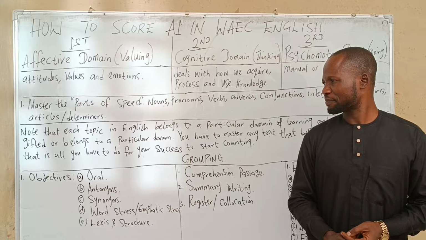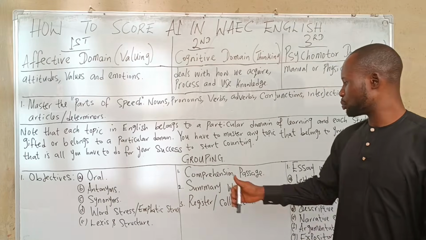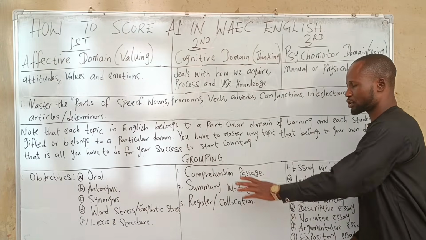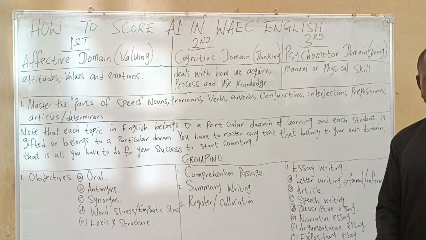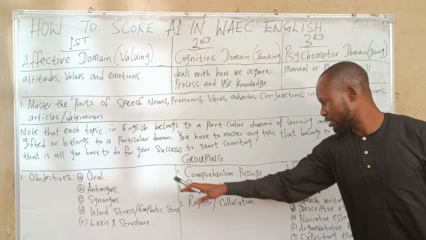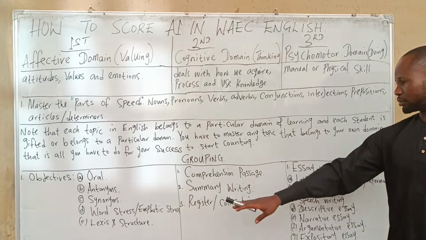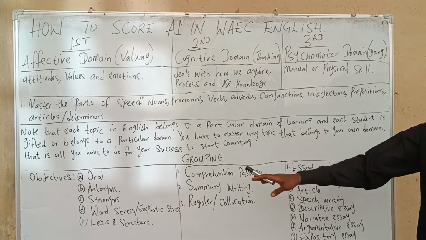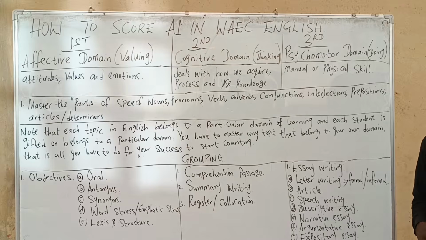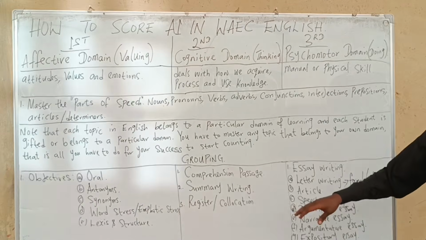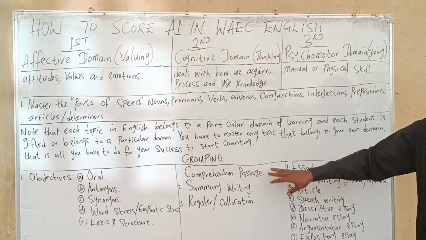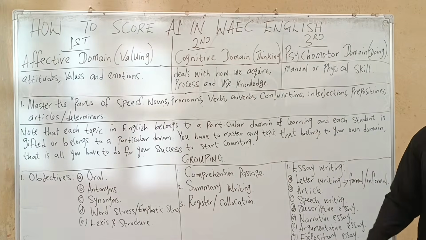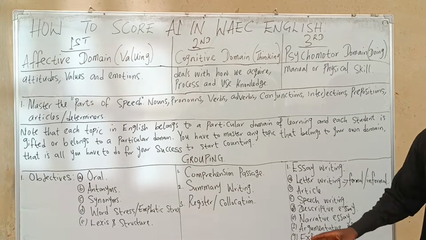Then the next is the grouping. I have grouped most of the topics in WAEC English under these three domains in the chart that I have drawn. You are going to pick the domain to which you know you belong, because questions must come every year from these topics.